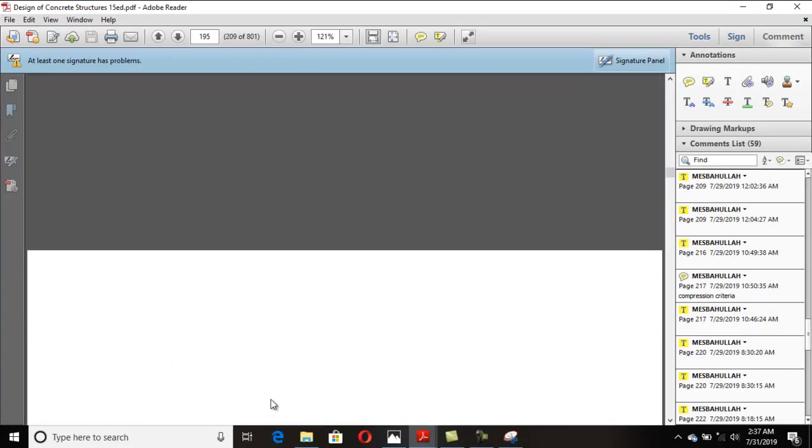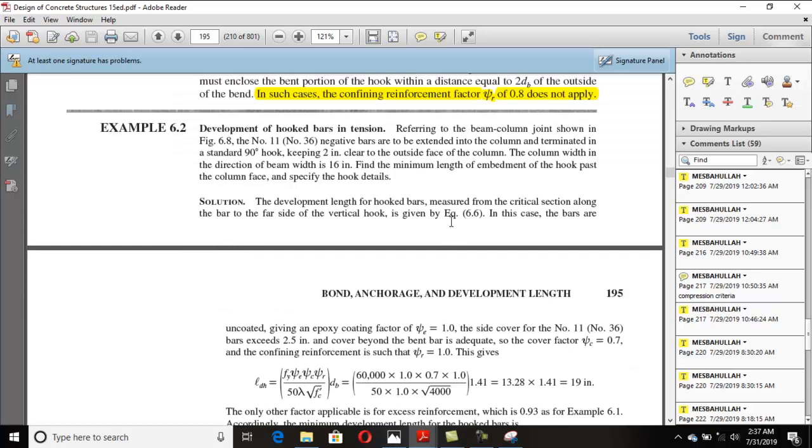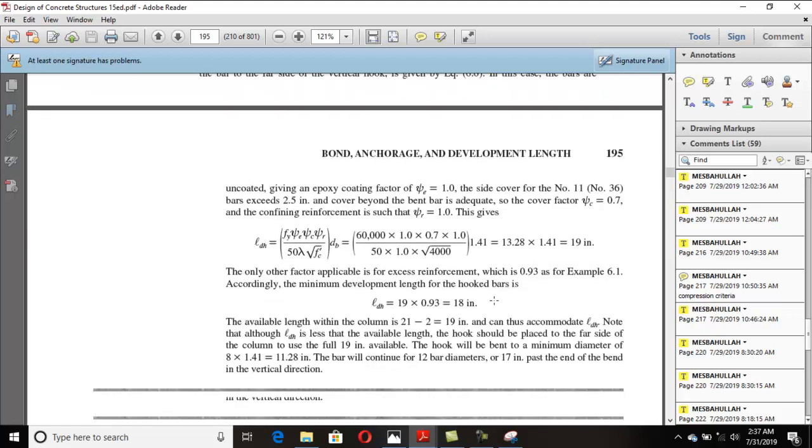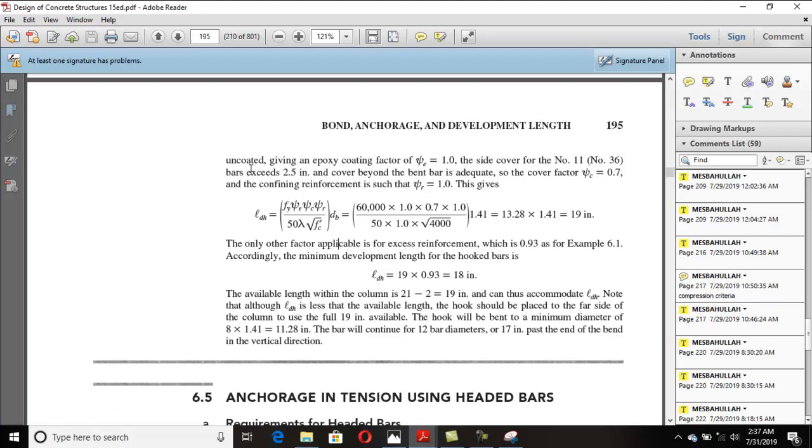The column width in the direction of the beam width is 16 inch. Find the minimum length of embedment of the hook past the column face and specify. So calculate LDH, the development length for the hook bar measured from the critical section along the bar to the far side of the vertical hook, given by this equation. I will write this equation.